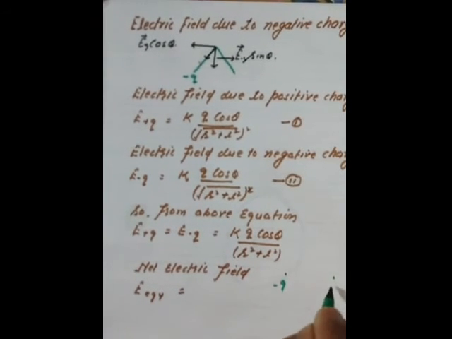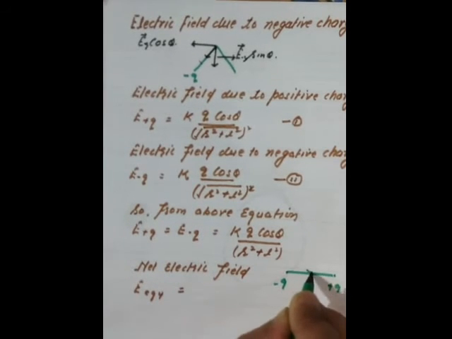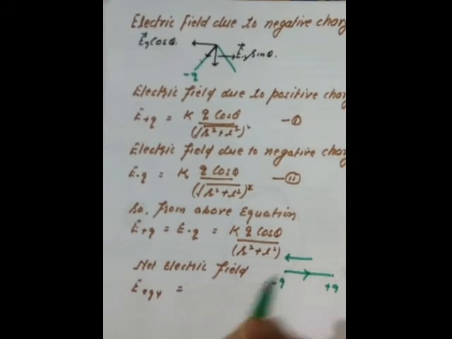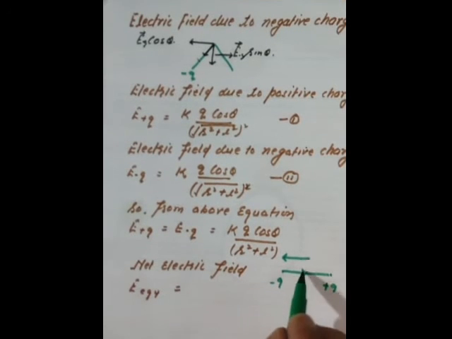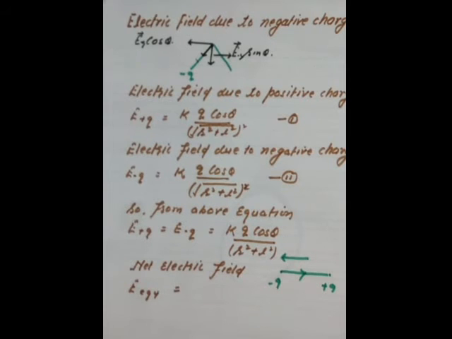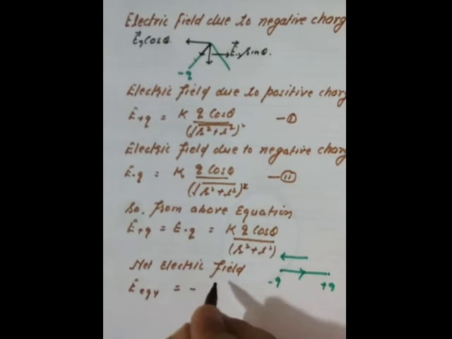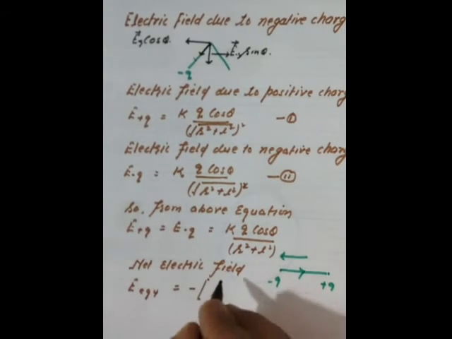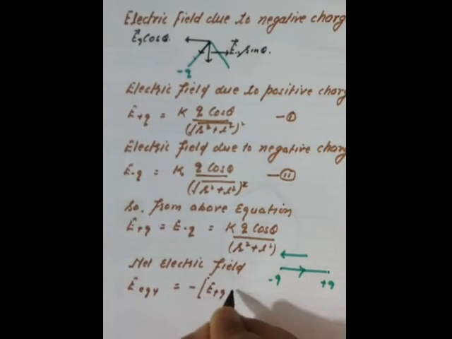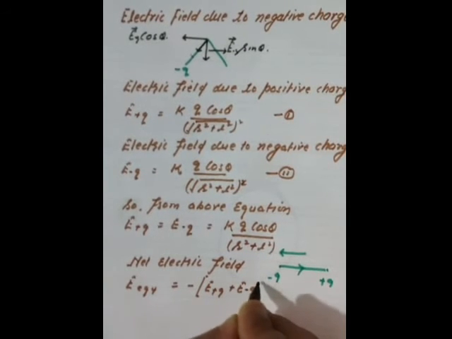The direction of the dipole moment is in this direction. Thus the electric field is working in this direction, so these two will be opposite. So here the net electric field, or electric field in the equatorial position, is negative, electric field by positive charge added with electric field by negative charge.